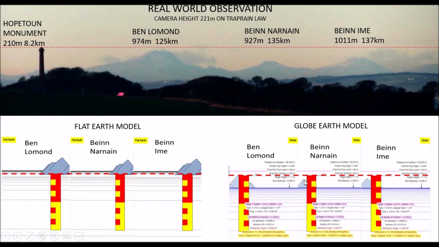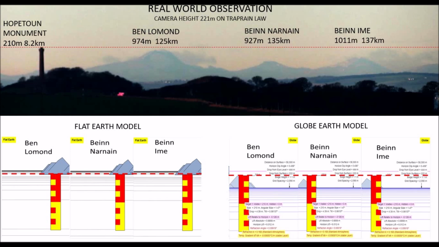Ben Arnain is significantly below the line, and the peak of Ben Eam is a little bit higher than the peak of Ben Arnain, but still significantly below the line. So the real-world observation matches globe Earth model predictions and is completely different to flat Earth model predictions. So my assertion that this image is impossible to take on a flat Earth is supported by the computer modeling.